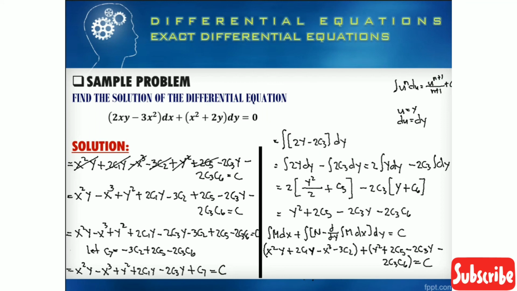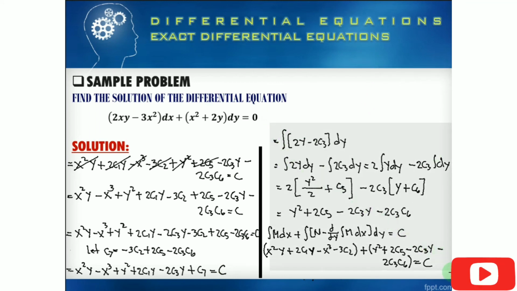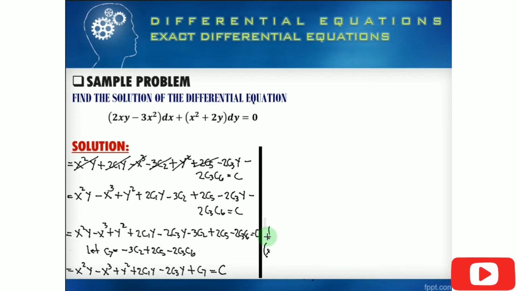Okay, so proceeding with our calculation. As you can see here, we have the presence of 2c1 and this minus. So take note, we have 2c1 of your y, and then we have minus 2c3 of your y.